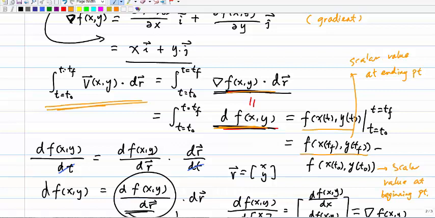You can see that it only matters where the points are. It doesn't matter which line we select. That's why it's called path independence. There is a lot of reasoning why that's okay.